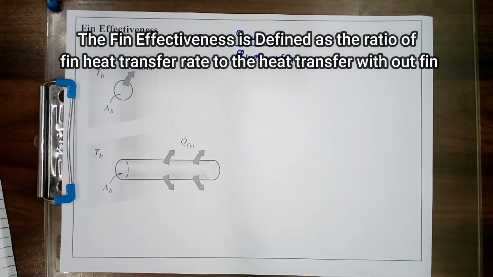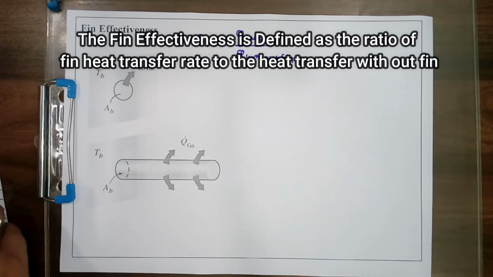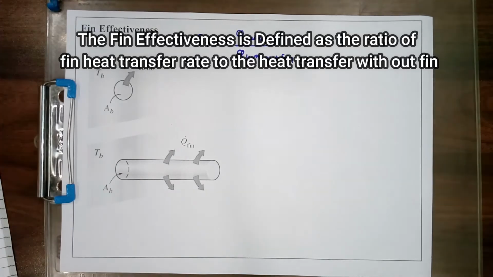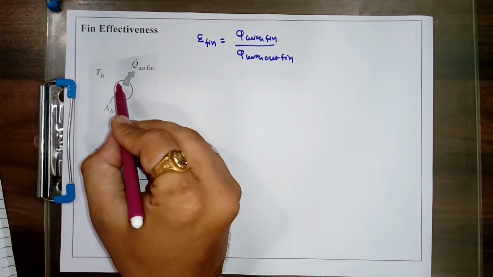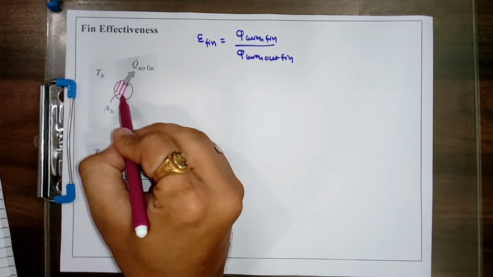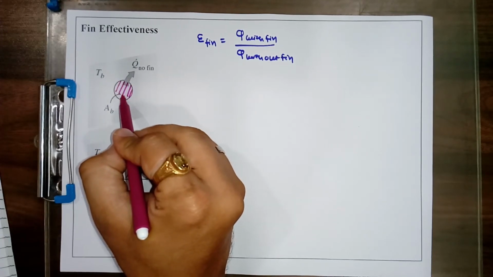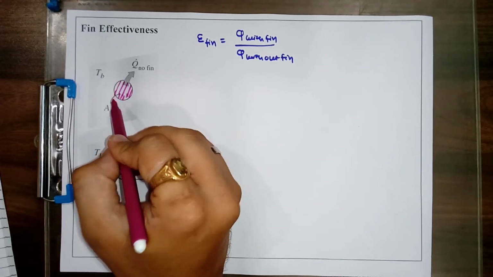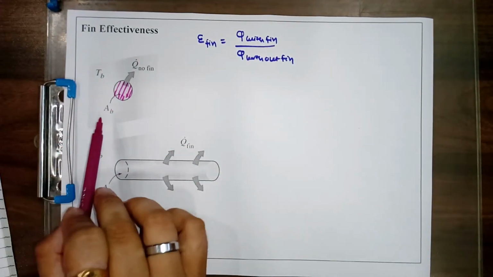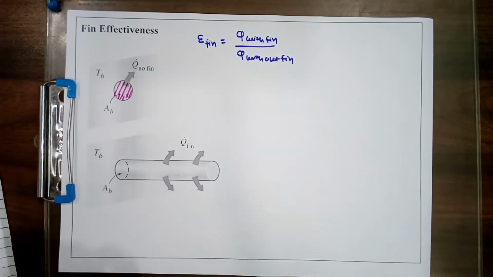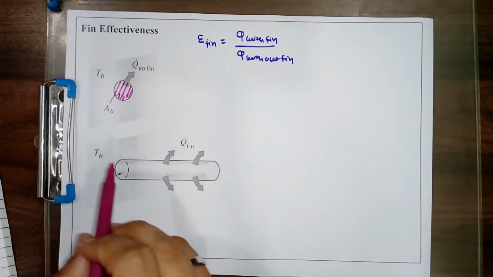That means the heat transfer from the wetted area by convection without any fin, and when you have applied the fin you have to calculate. So from this area the heat transfer occurs by convection only, and we know the formula. The area of the base is the cross sectional area of the fin, both are the same.